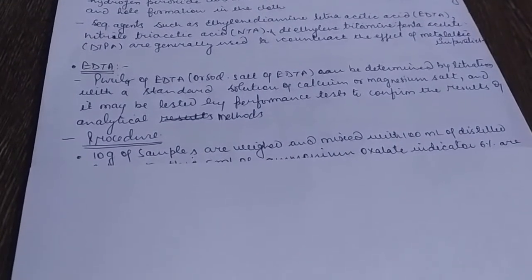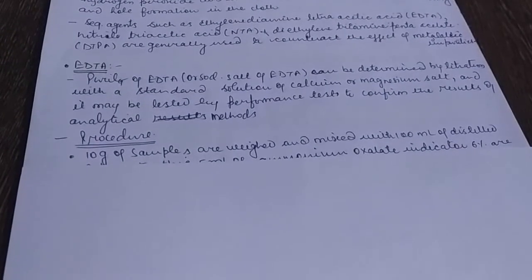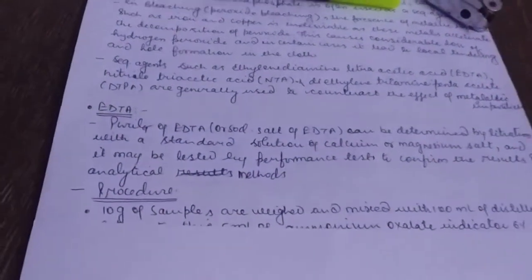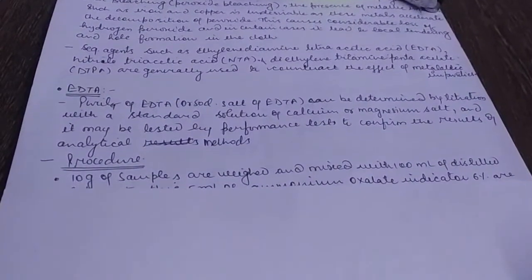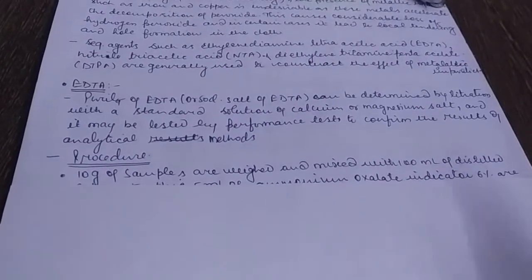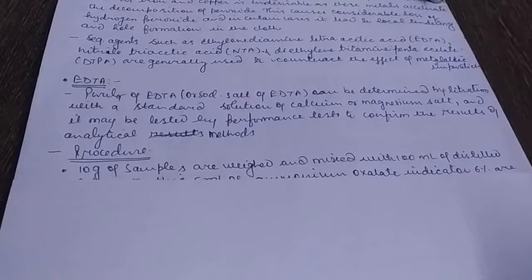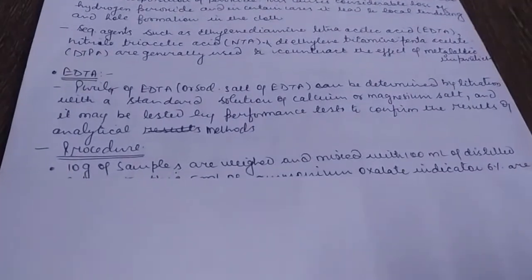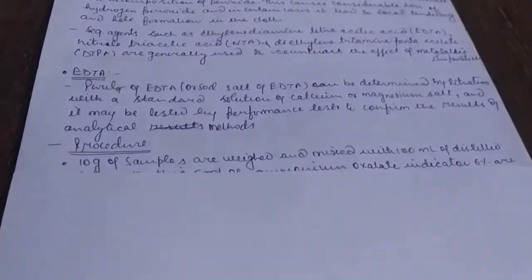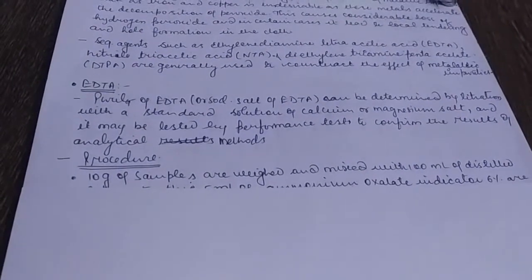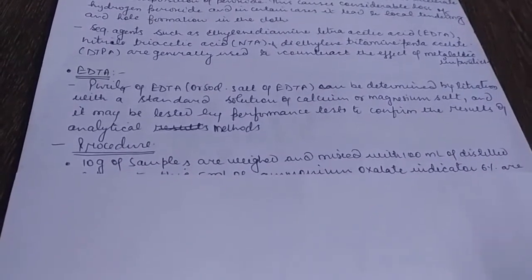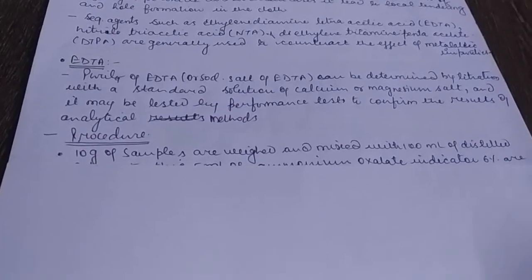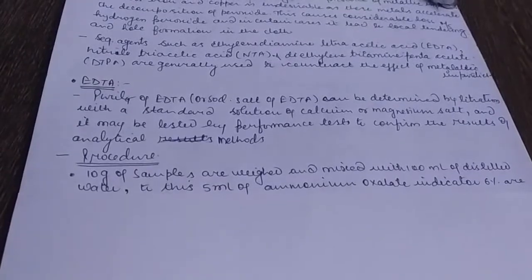In the performance evaluation method, we will use the sequestering agent in the actual wet processing bath, and then compare the properties of the treated fabric from this bath with the treated fabric from a bath in the absence of sequestering agent, and see how the sequestering agent counteracts the hardness and what effect is produced by using it in the bath. So first we will discuss the analytical method.